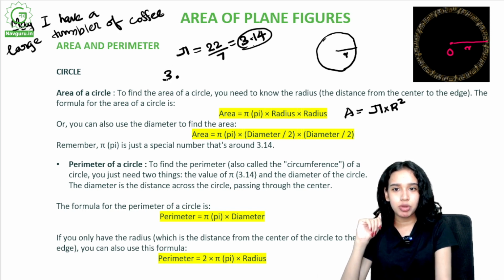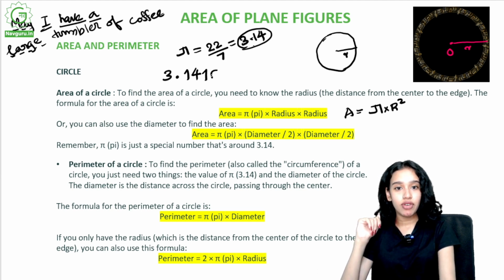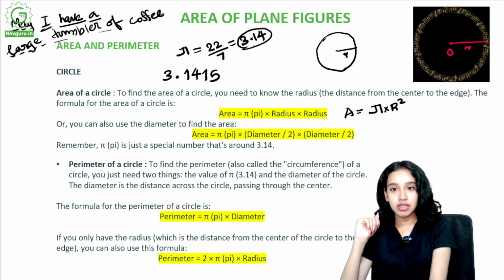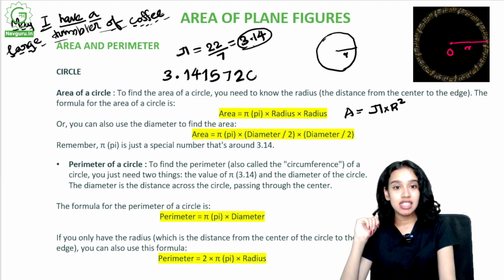So 3, put a point, "I" 1 letter, "have" 4 letters, "a" 1 letter, "large" 1, 2, 3, 4, 5, 5 letters, "tumbler" 1, 2, 3, 4, 5, 6, 7, 7, "of" there are 2 letters, 2, "coffee" 1, 2, 3, 4, 5, 6, 6.